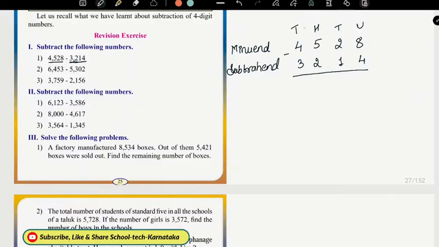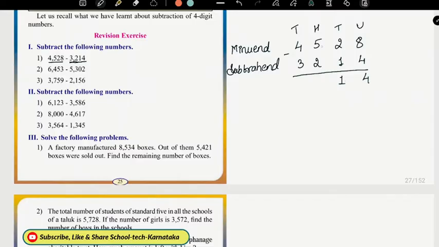So as similar to addition, for subtraction also we start with the units place. We first subtract the digits at the units place, then move to tens place, then hundreds place and then thousands place. So let's start with the units place first. In the units place we have 8 and 4. 8 minus 4 is 4. Then move to tens place. 2 minus 1 is 1.